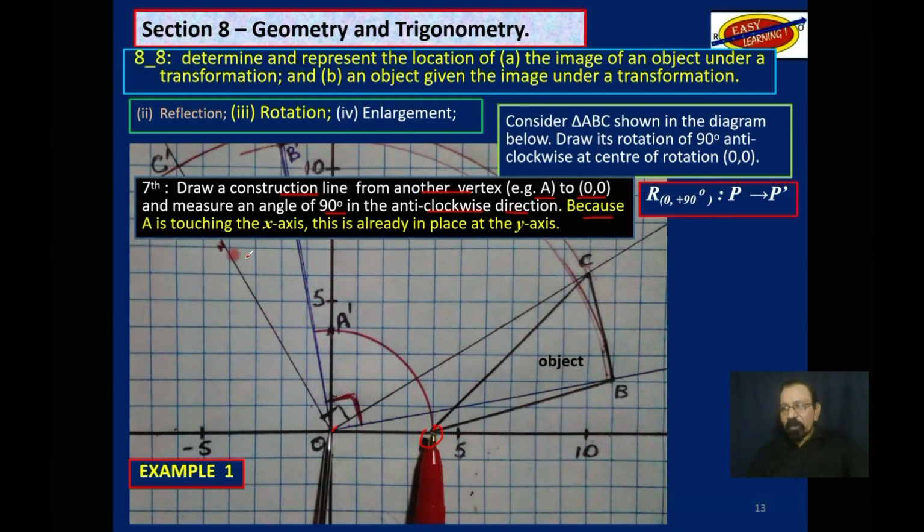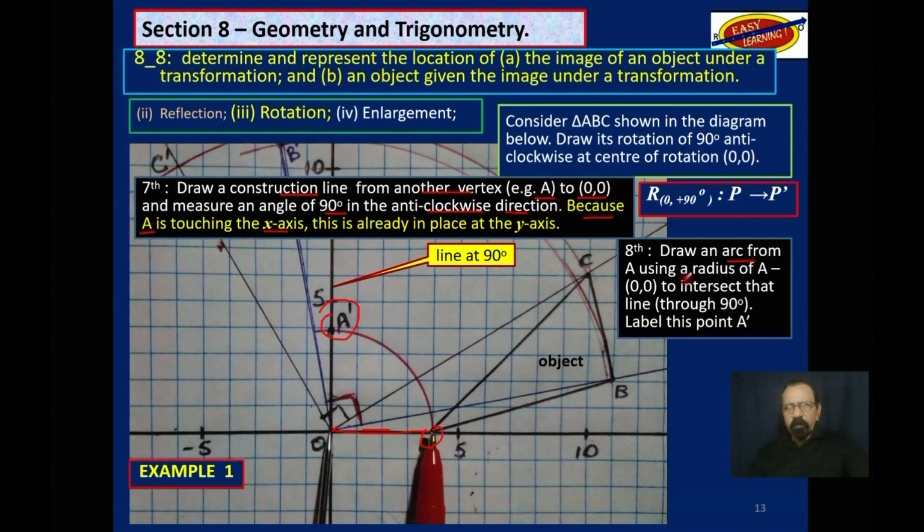Now, because A is touching the x-axis, this axis here, this is already in place at the y-axis. So you don't need to draw the line. The line is already drawn for you. You don't need to measure that 90 degrees. It is already measured for you. So you draw an arc using a radius of A to 0, 0 to intersect that line at 90 and label that as A prime.